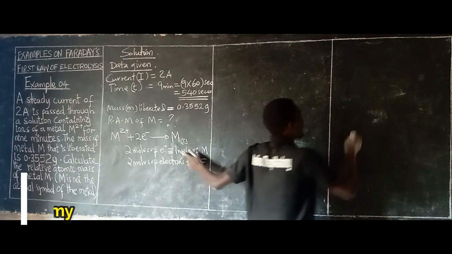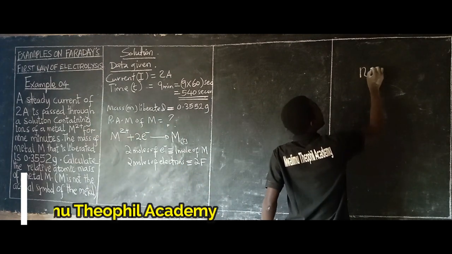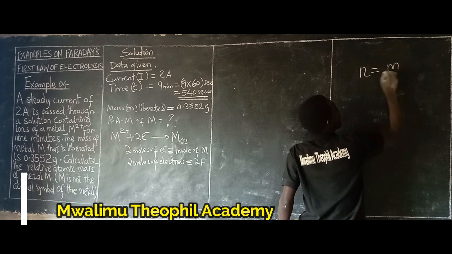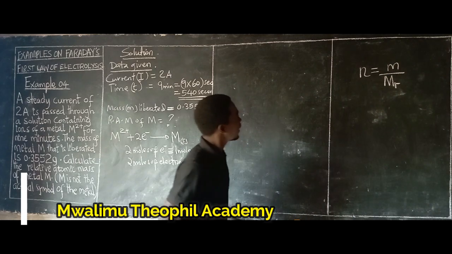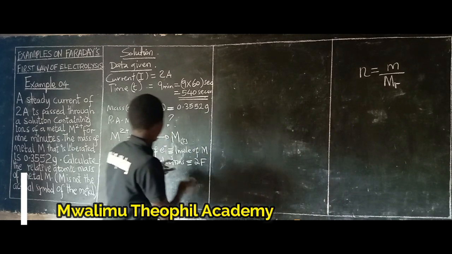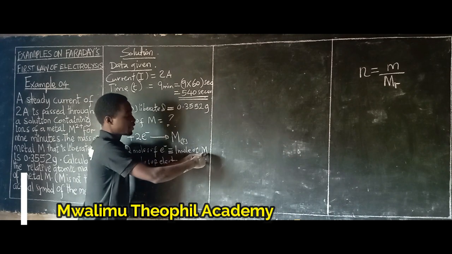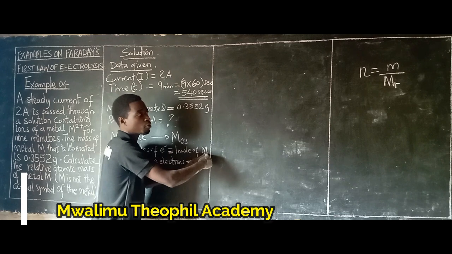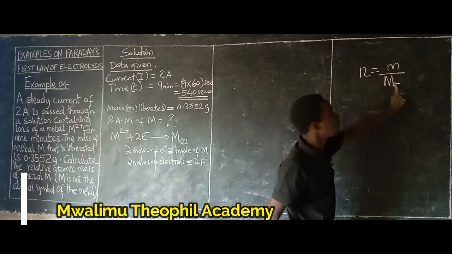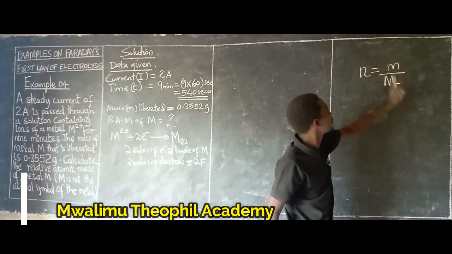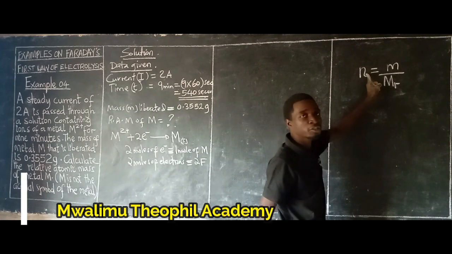We say that number of moles is equal to mass over molar mass. Now, here we have 1 mole of metal M. If we have 1 mole of metal M, this indicates that the mass and the molar mass are equal. If they are equal, that is where you get the number of moles as 1.